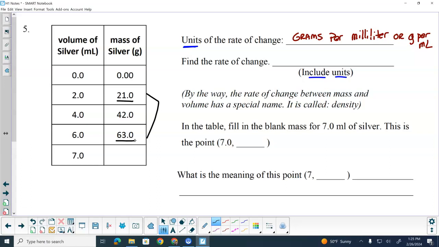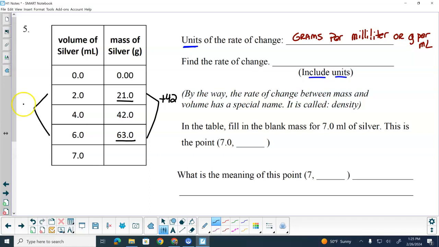Add 42. Which means I gotta look here. 2 to 6. What's my change? 2 to 6.